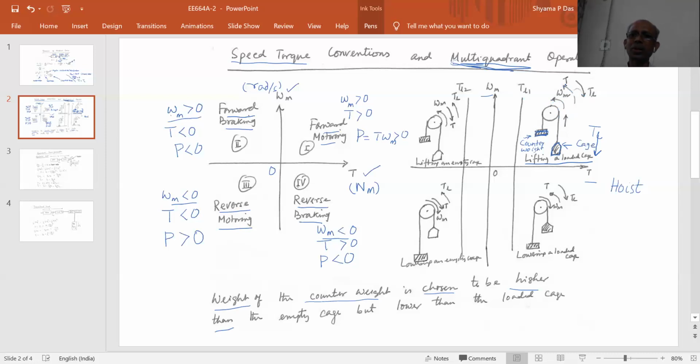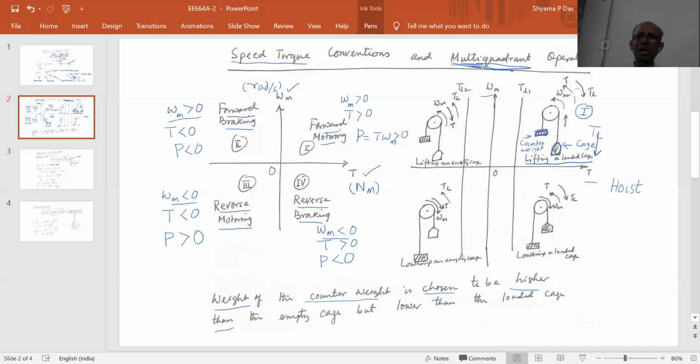So torque is in anti-clockwise direction. Speed is also in anti-clockwise direction. Anti-clockwise means positive, so the torque is positive and the speed is also positive. So this is the first quadrant, equivalent to forward motoring. We have already said that the first quadrant is forward motoring.